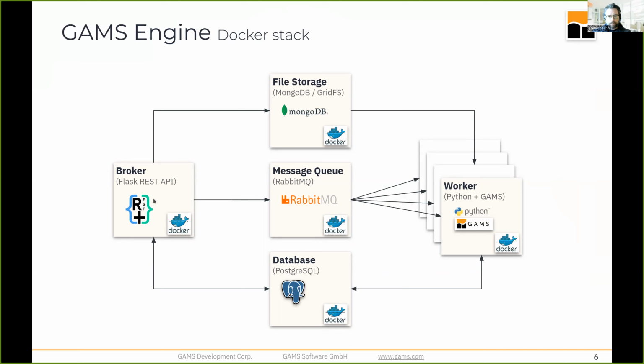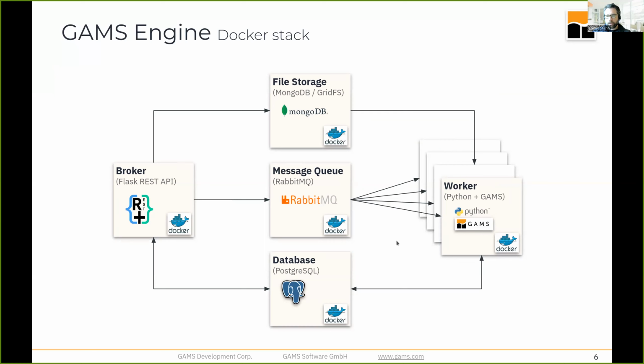Once a job is placed via the REST API, it is put onto the message queue, which is realized as a RabbitMQ service running in its own container. From there, the jobs are scheduled to run on the available workers. Each worker itself contains a full GAMS installation and Python as well.